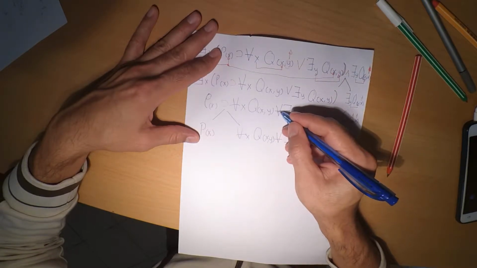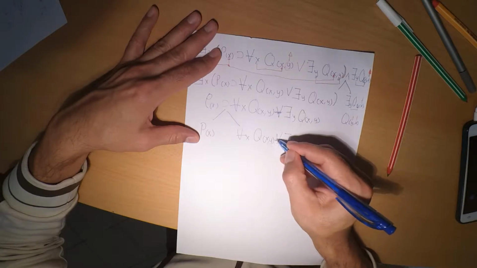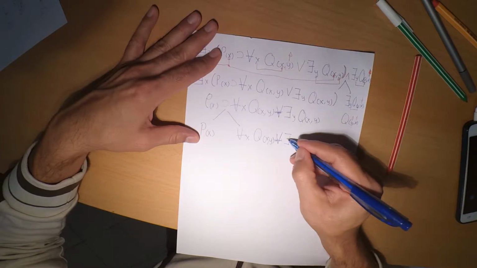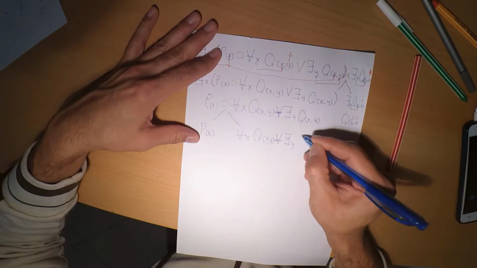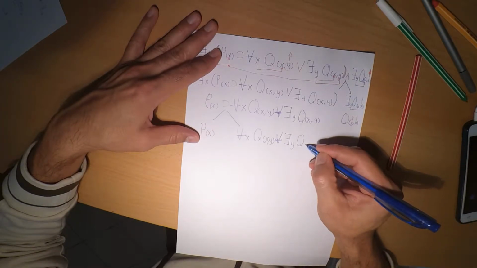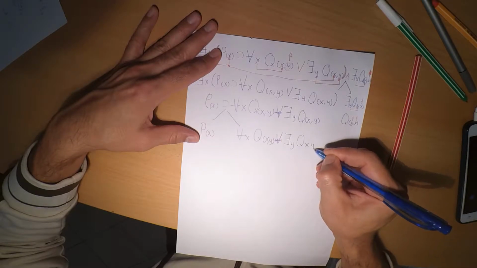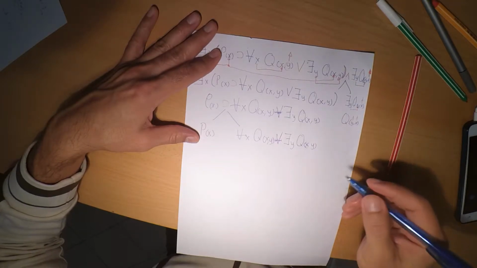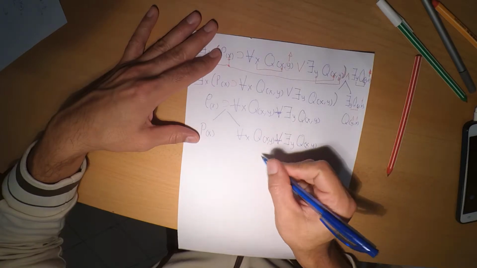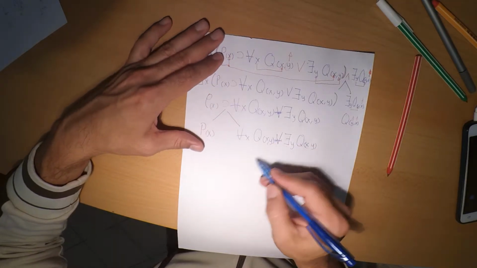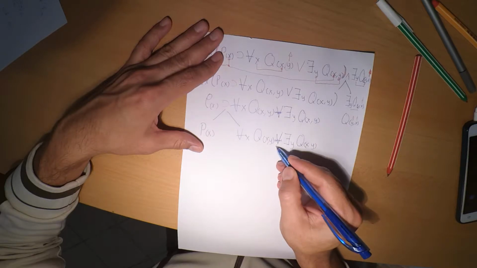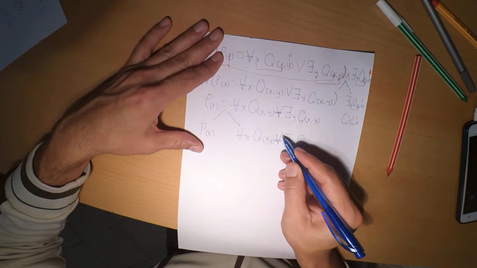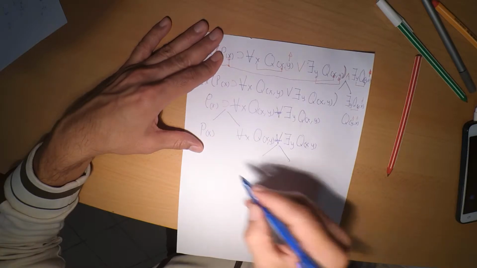I'm sorry, it's not existential, I'm so sorry. And then this is the existential y, q, x, and y. This is going to be in parentheses. Now we need to divide this. Remember, this is not a universal. It's my mistake. It's just a disjunction, so we separate in two.